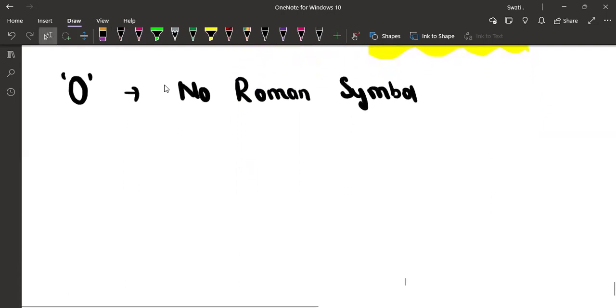Next, we use some letters or alphabets to represent some specific numbers.